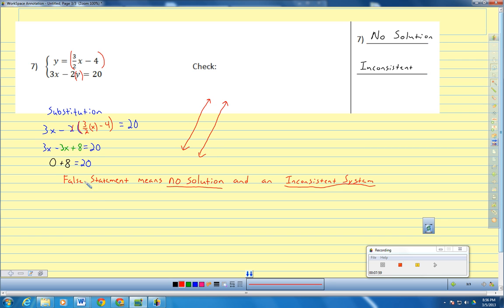Whenever you get a true statement, this is what a lot of people are missing. Whenever you get a true statement, such as 0 equals 0, that is always true. That will have many solutions. Many. In fact, an infinite amount of solutions.